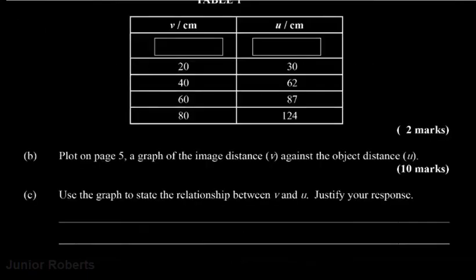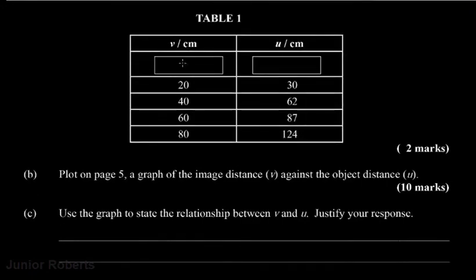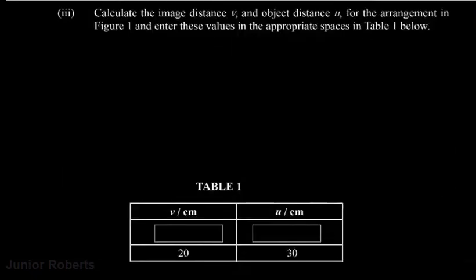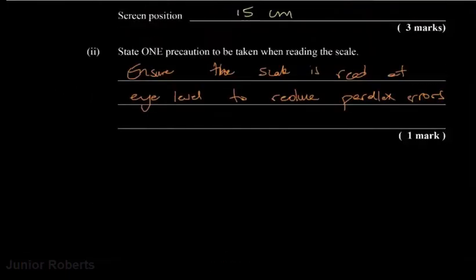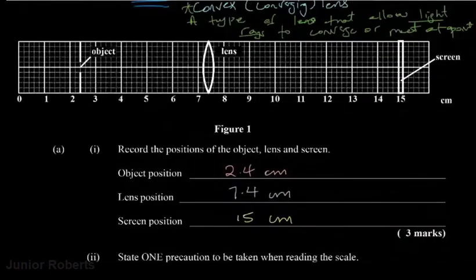As you can see, it is missing 2 values for V, which is our image distance, and U, which is our object distance. So they ask us to calculate the image distance V and our object distance U based on our arrangement. What we'll have to do is go back to our setup and calculate these distances.